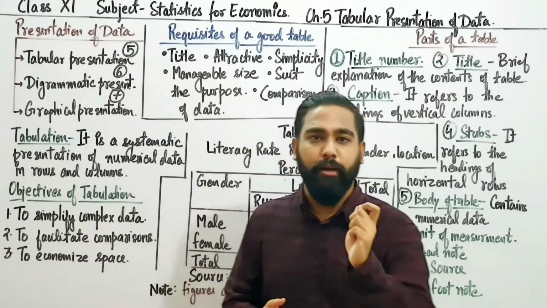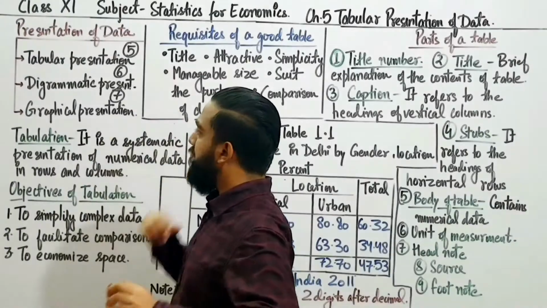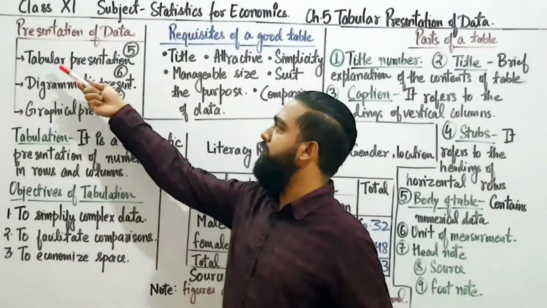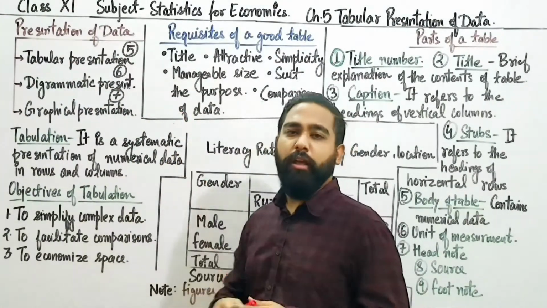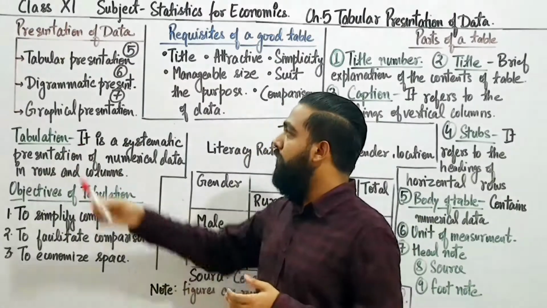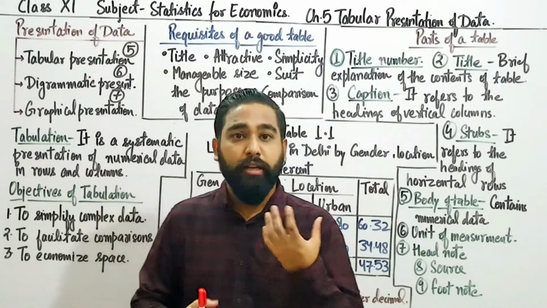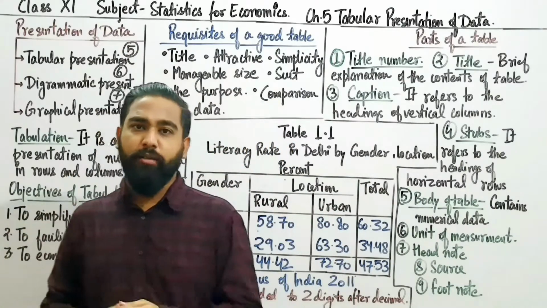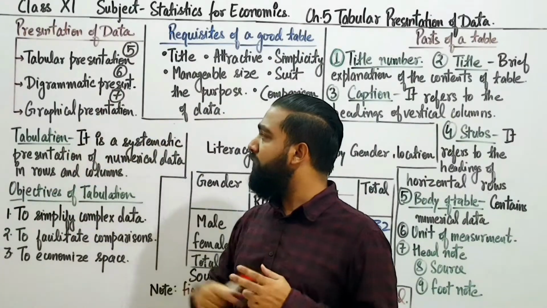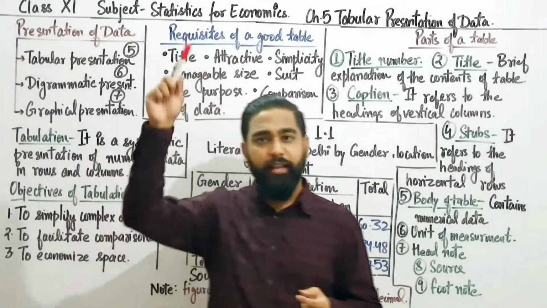That must be presentable. So the presentation of data can be done by three methods. First, it could be a tabular presentation, in rows and columns. Second, diagrammatic presentation, under which you can draw diagrams like bar diagrams and pie diagrams. Third, graphical presentation, under which you can draw the curves and the lines.